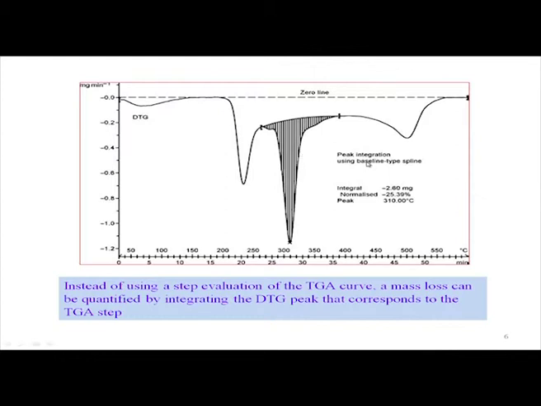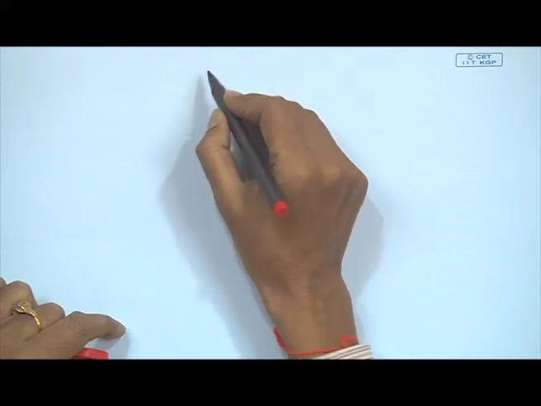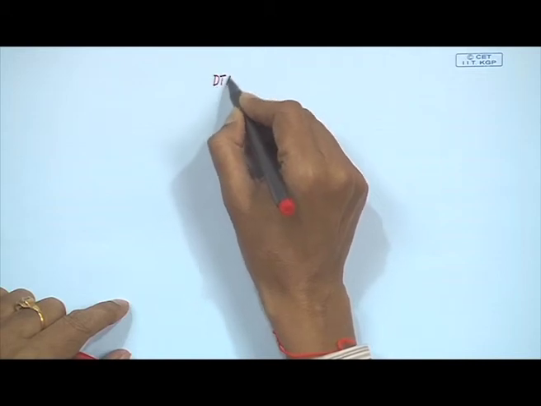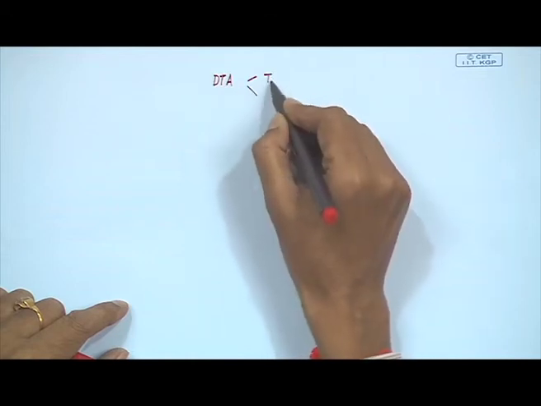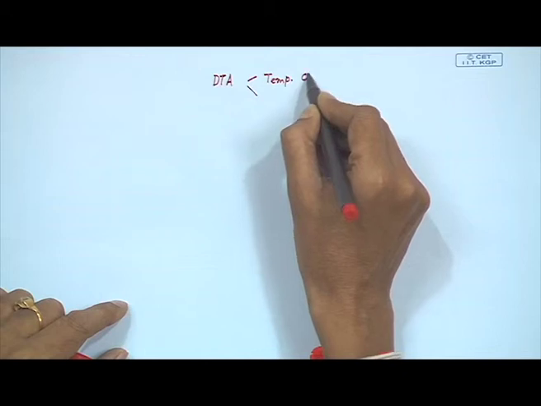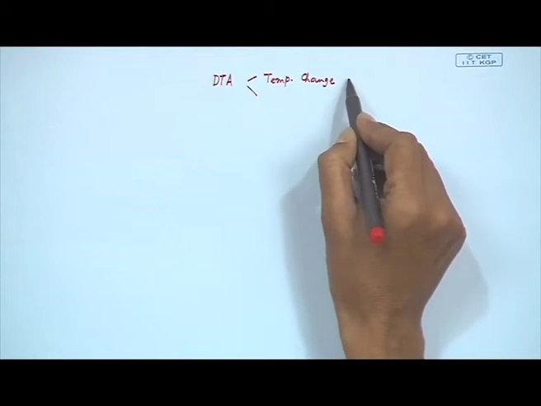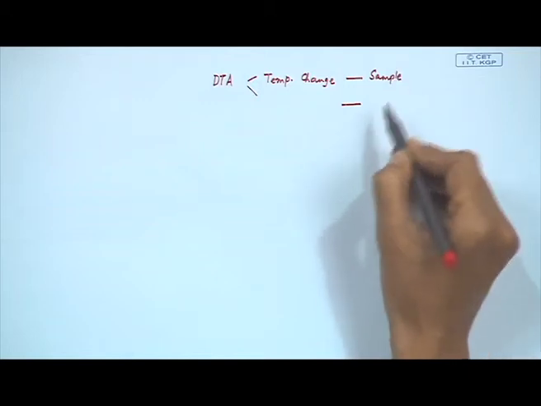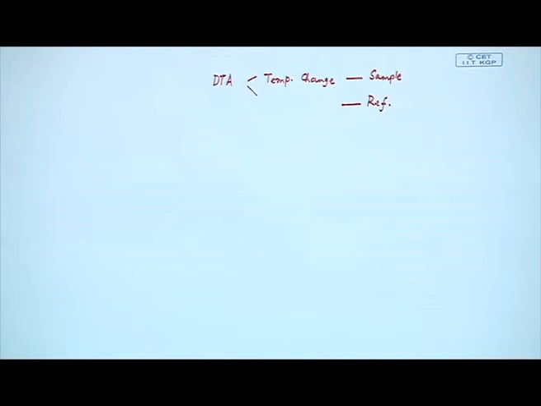The next technique we will go for is not a differential thermogravimetric analysis, but differential thermal analysis, which is another type of analysis where we will focus our attention on the temperature change. If we can monitor the temperature change of the sample as well as the reference, we can have a plot for that.